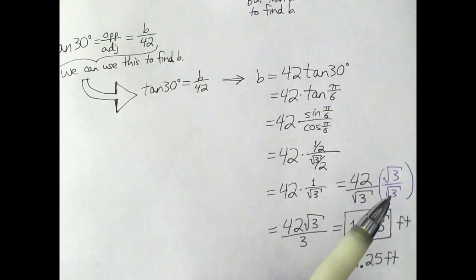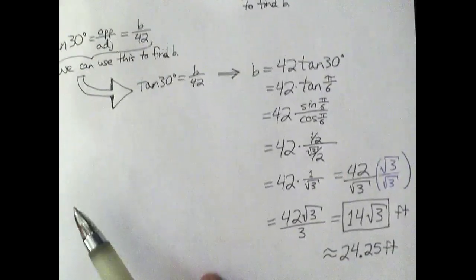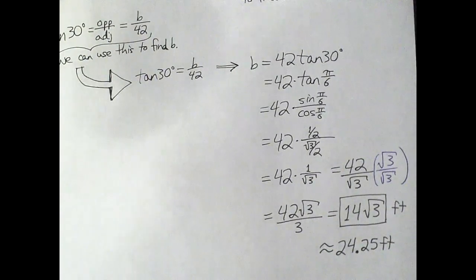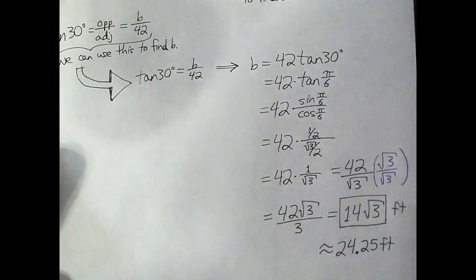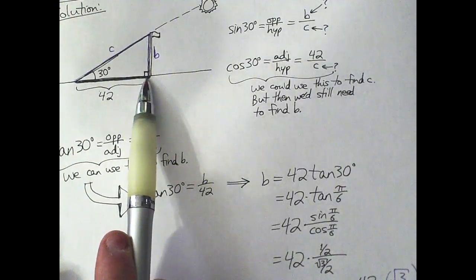I encourage you, when you have a word problem, to try to do what I call a reality check at the end. Look at your answer, look back at your picture, look back at the question, and just ask, does this make sense? For example, if I had gotten an answer that said 55 feet, I would look at this picture and say, that doesn't make sense.